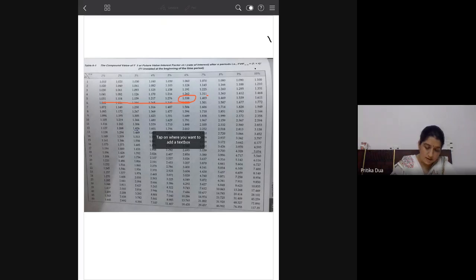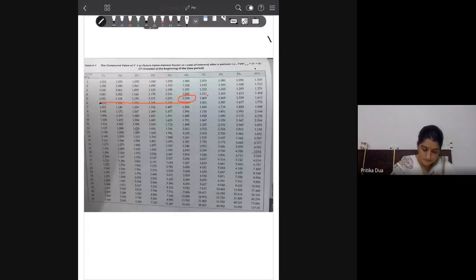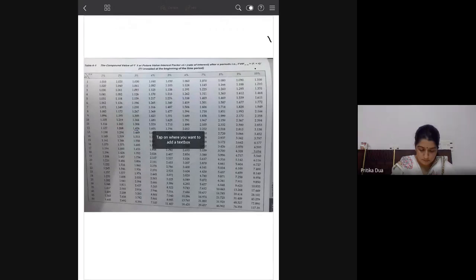So this is the table here. Now you have a time horizon of 4 years. Now have a look. So 1.2625 is the value you are locating, and you are locating it in 4 years.